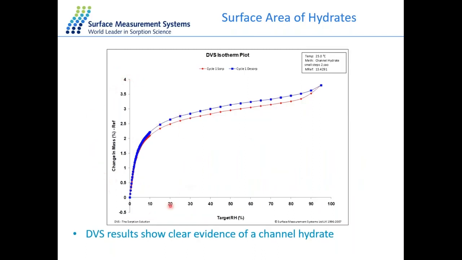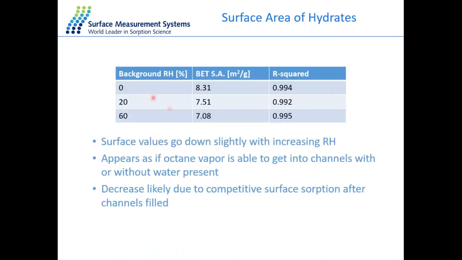Here's some water absorption on a DVS sample showing the formation of a channel hydrate. If we expose this sample above 10% relative humidity, it will be a channel hydrate. And again, we can look at 0% RH, 20% RH, and 60% RH, and we can see how the surface area goes down when it goes from an anhydrous to a hydrated phase.